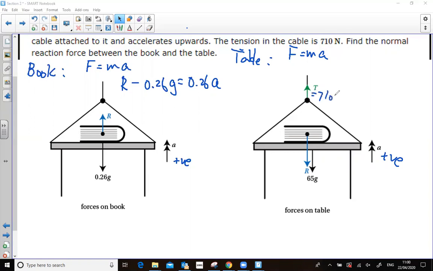So let's use that straight away. So we would have 710 Newton, and those two forces acting downwards, so be negative. So we take away R, take away 65G, and that equals MA, and M is 65, so 65A.